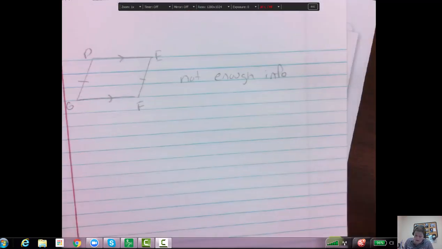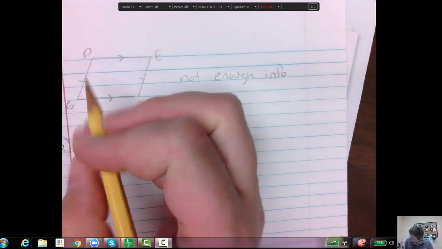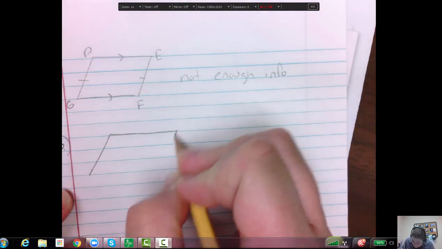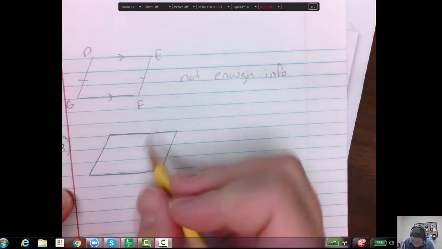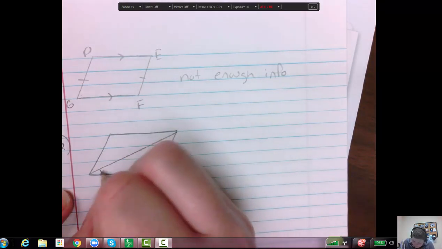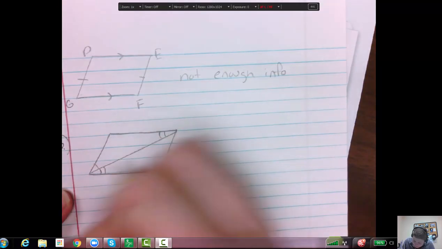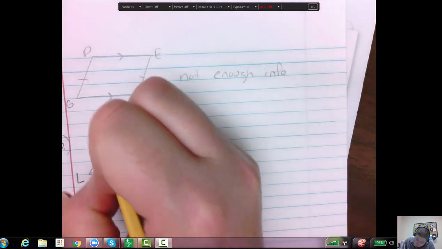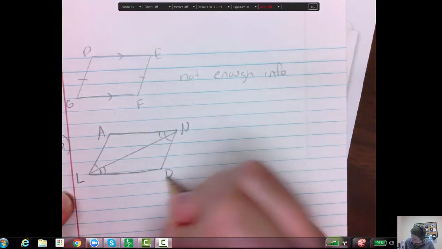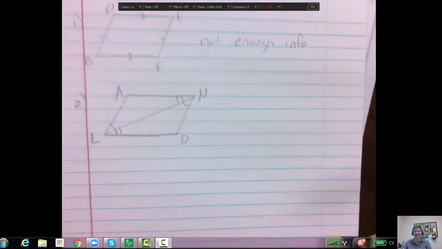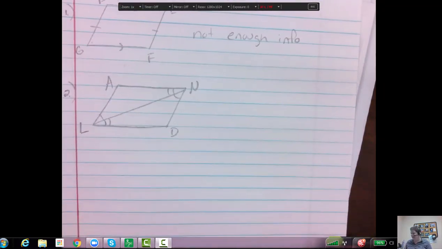So here is another one that we can prove. What if we have opposite sides congruent, and we label this LAND. We want to prove that LAND is a parallelogram given the information that we have.